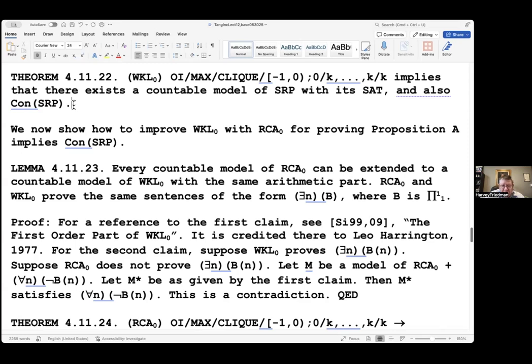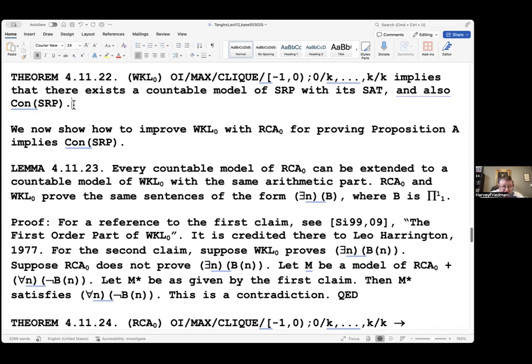If you have a countable model of RCA naught, you can always extend it to a countable model of WKL naught with the same arithmetic part. Every countable model of RCA naught can be extended to a countable model of WKL naught with the same arithmetic part. And this, by the way, applies to non-standard models.